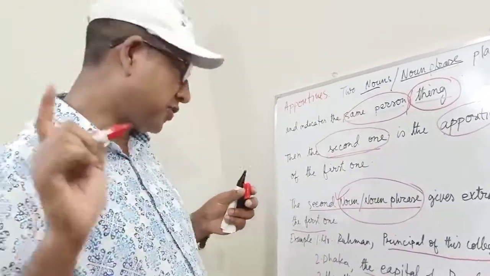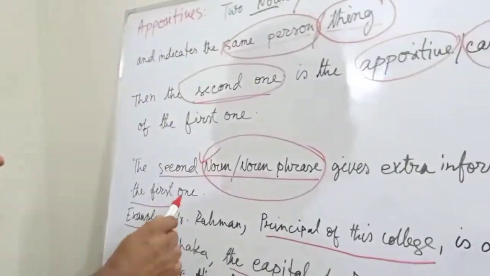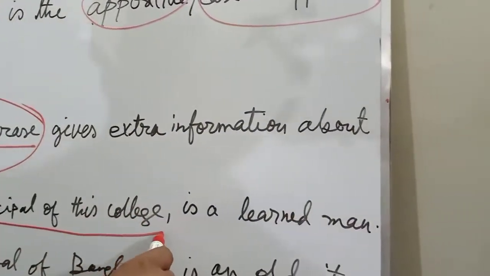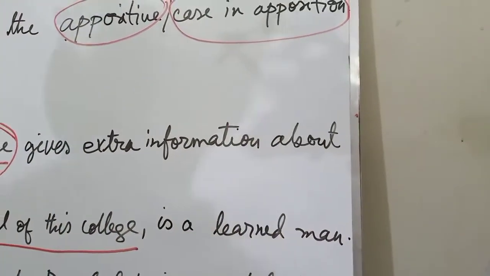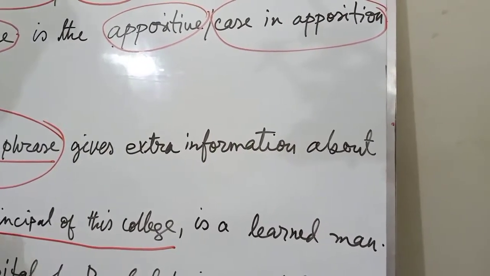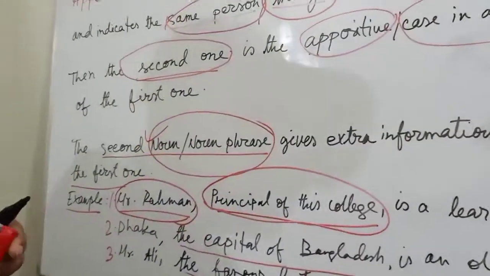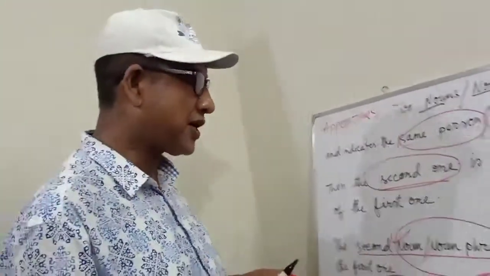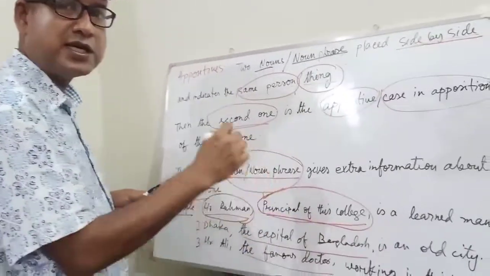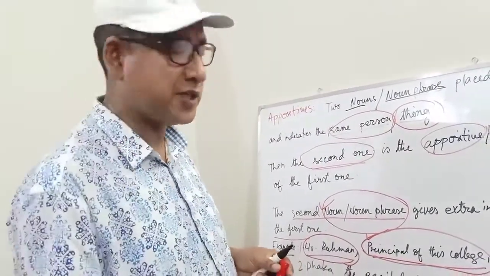So the second one will be the post modifier here. Example number 1: Mr. Rahman, principal of this college, is a learned man. Here, Mr. Rahman and principal of this college are the same person, but principal of this college is case in apposition or appositive.